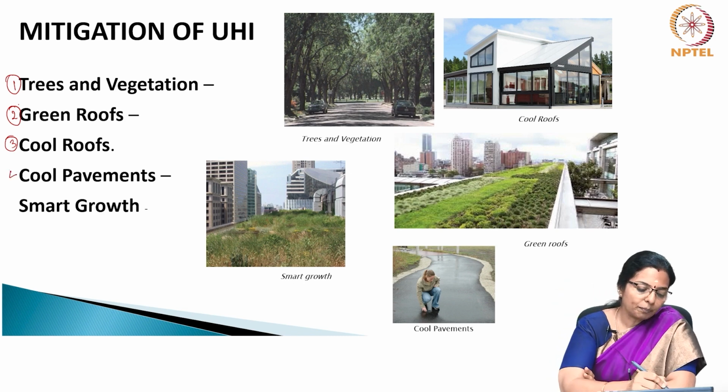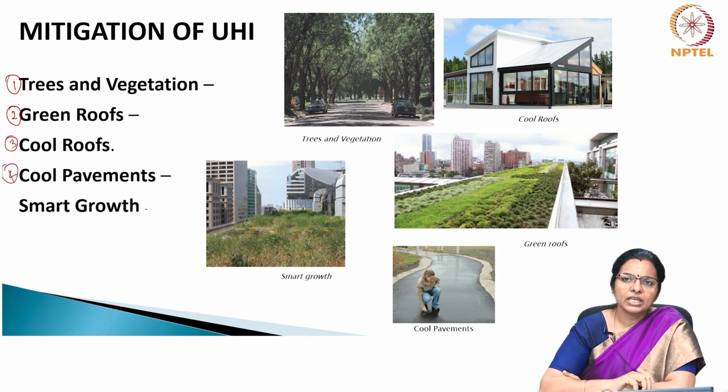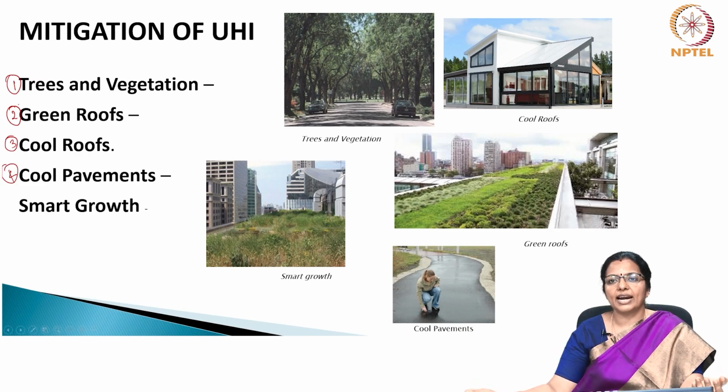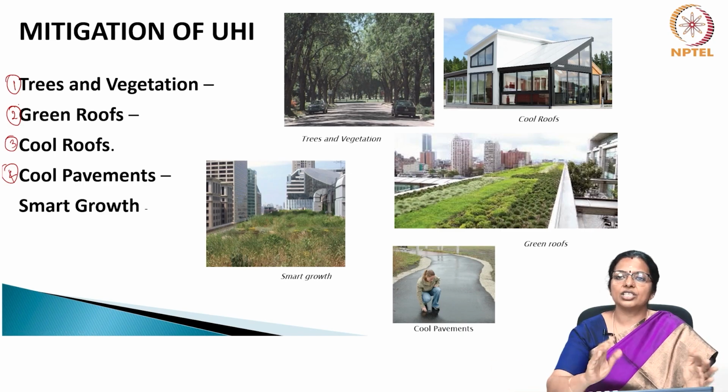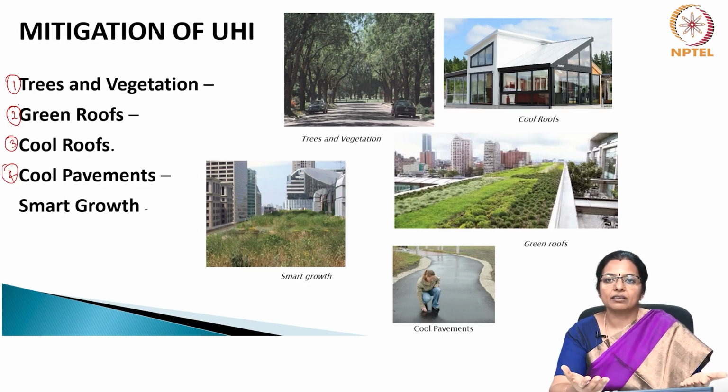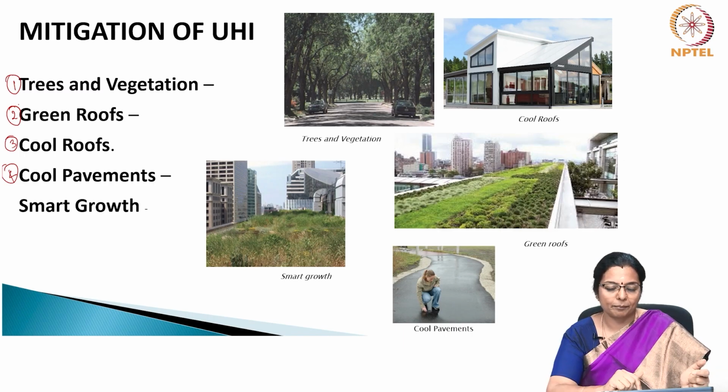Fourth is cool pavements. By reflecting more solar energy and increasing water evaporation, paving materials that stay cooler than traditional pavements can be used to improve nighttime visibility, reduce stormwater runoff, and cool the pavement surface and surrounding area.